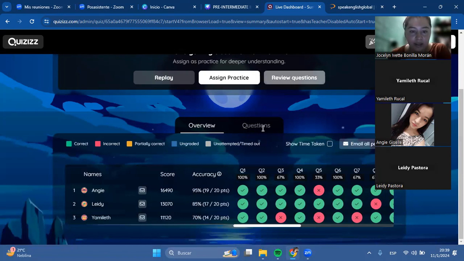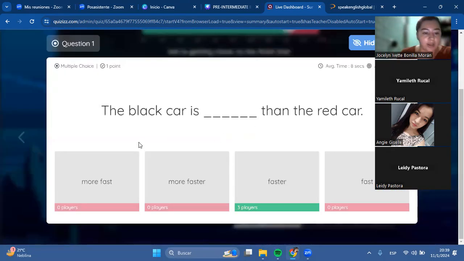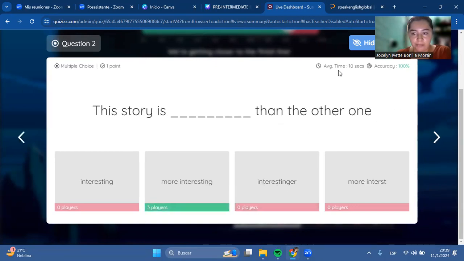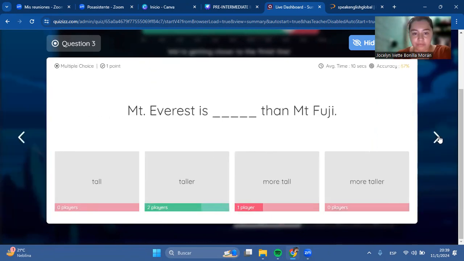So let me review the questions. Okay, so this one, everybody got correct. The black car is faster than the red car. Good job. This story is more interesting than the other one.